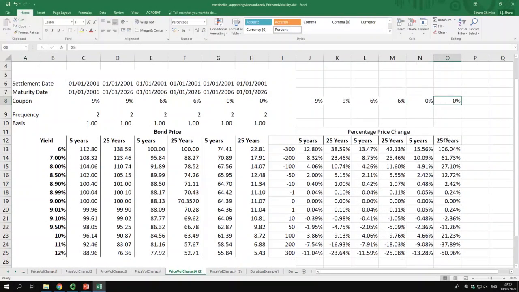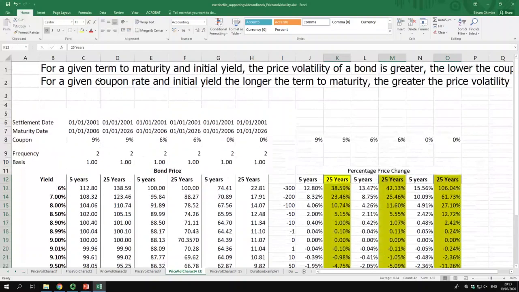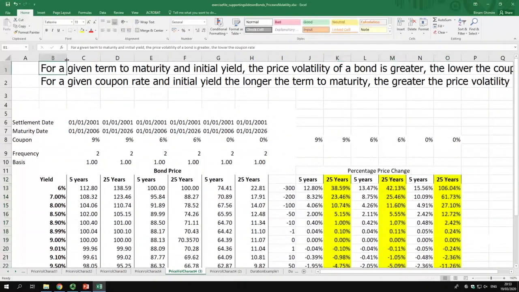So let's compare 25 years 0%, with 6% 25 years and 9% 25 years. So what we are saying here in terms of characteristic number 1 is, the lower the coupon, such as 0 or 6 as compared to 9, the higher the price volatility.